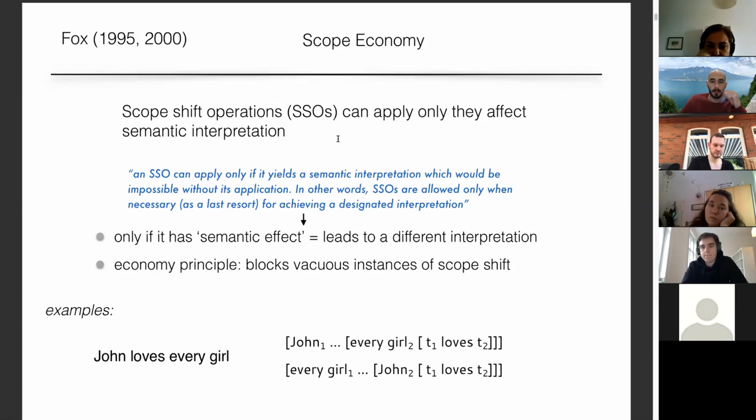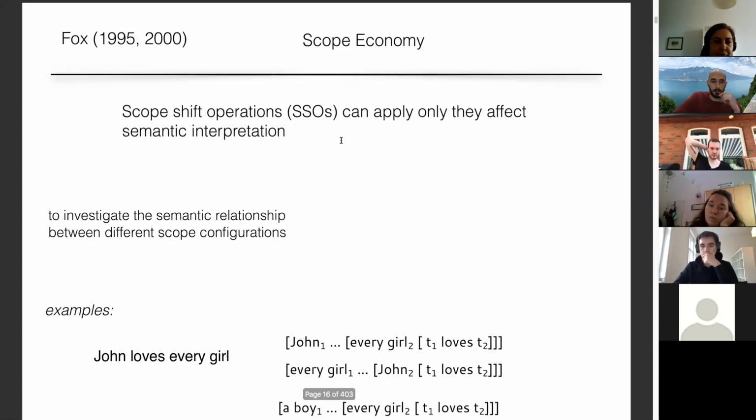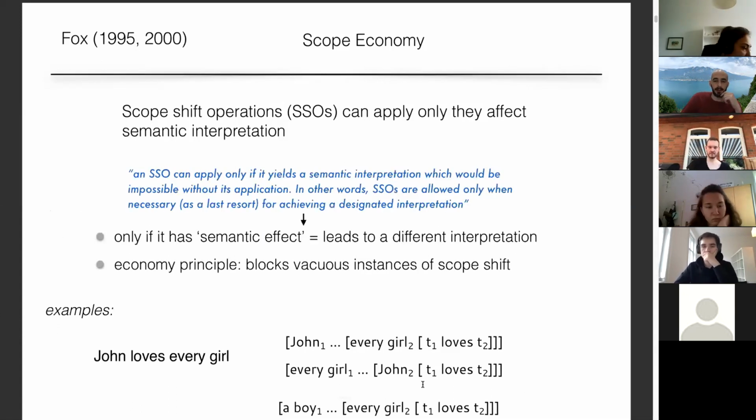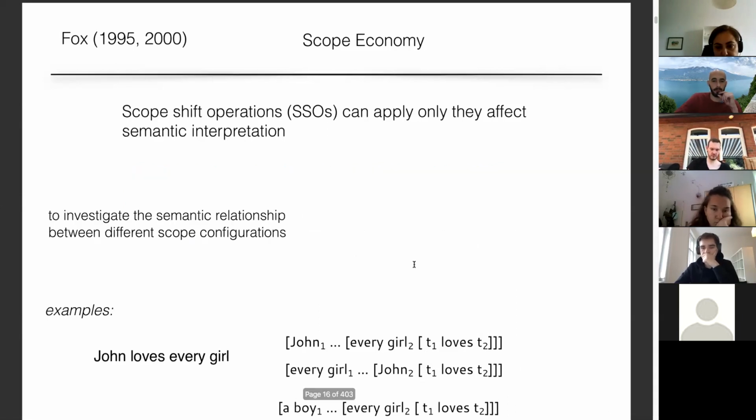So let me play this trick for you. Right, so you are jumping to this slide with a boy, every girl. And the idea would be to compare John to a boy, okay? And let's see what happens.